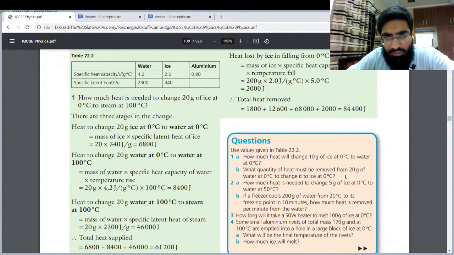And then to that you will add 0 to 50. So mass is how much? Mass is 5. C is how much? 4.2. Theta is 50. 1050. 1050 plus 1700. So it's 2750.